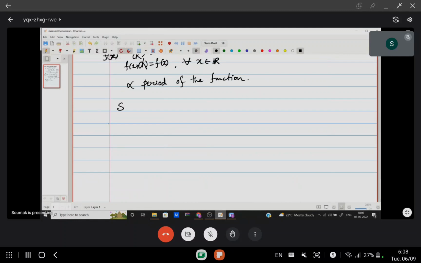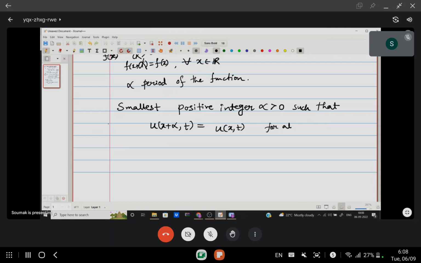I have to find the smallest positive integer alpha such that u of x plus alpha comma t equals u of x comma t, which holds for all x in R and t positive here.